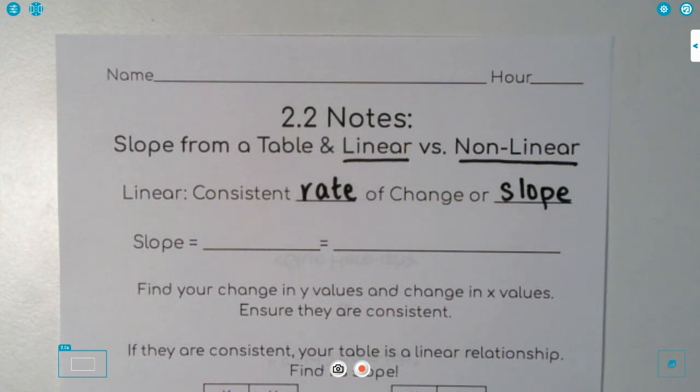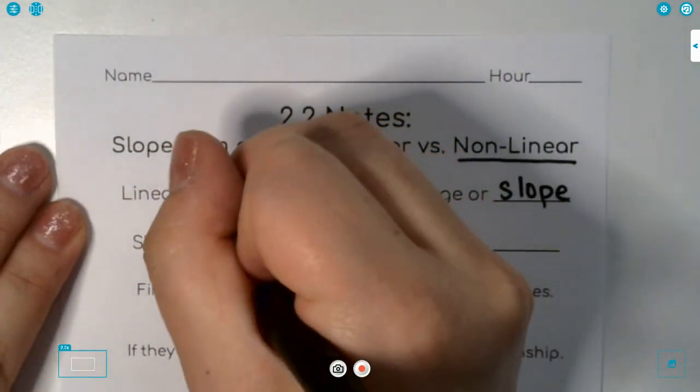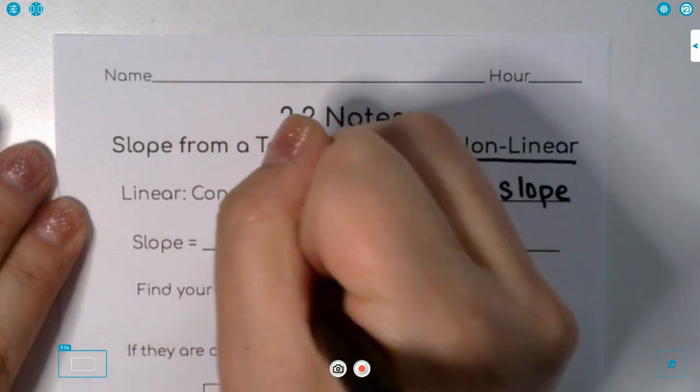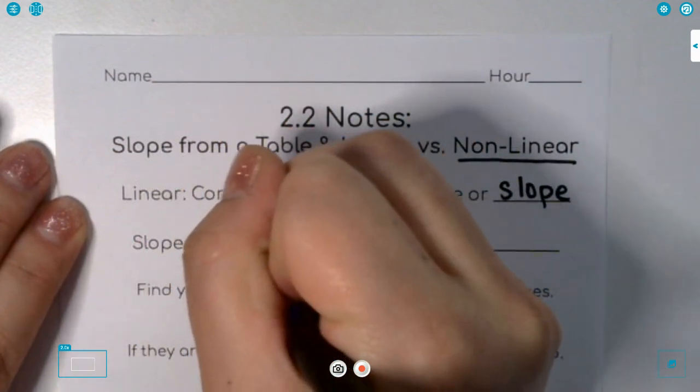Your slope, we learned yesterday, is rise over run. So I'm going to put run right.